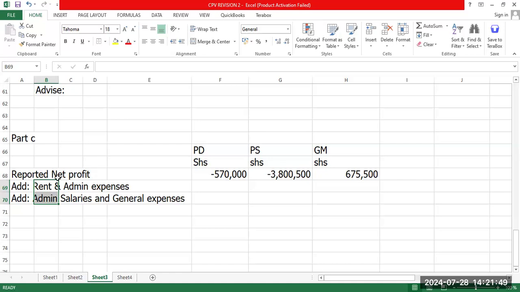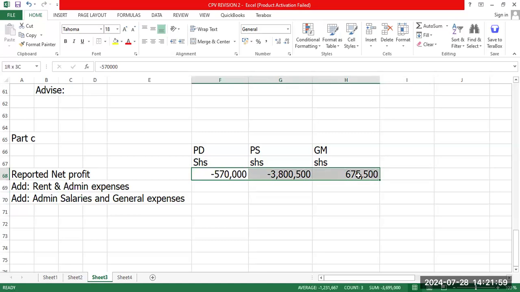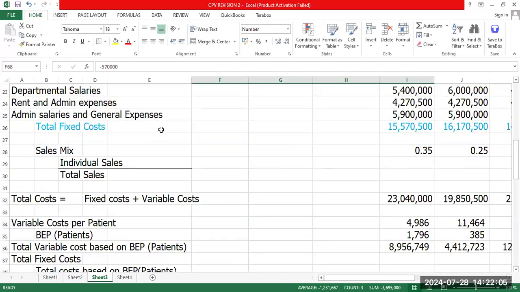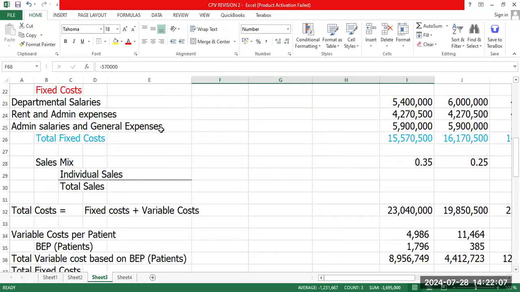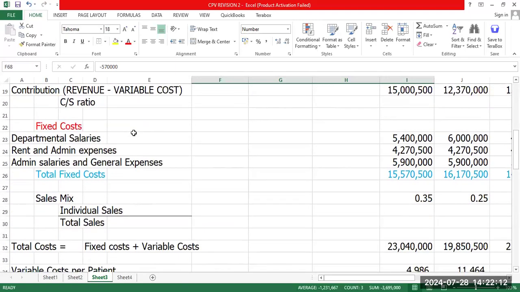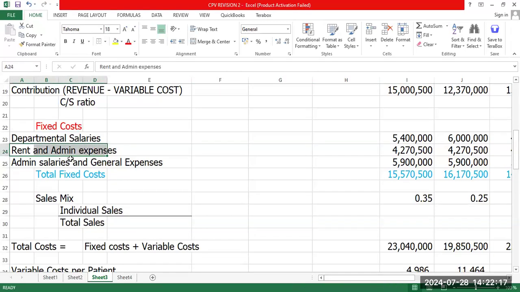So originally, what was the value for rent and admin? What was the value for admin salaries and general expenses that affected this net profit? Remember, we had those values in the question. You see, this is your rent and admin. Then also this is your admin salaries and general expenses.